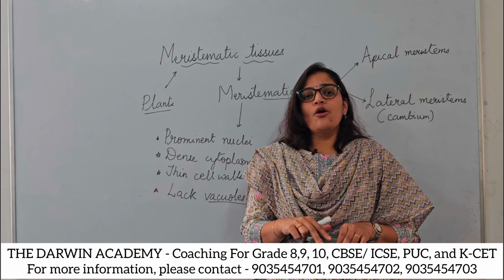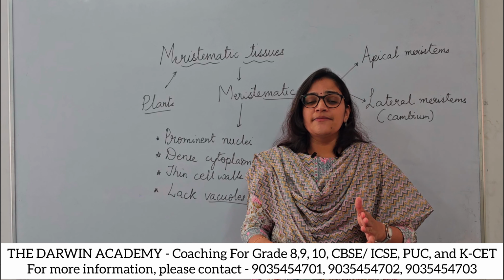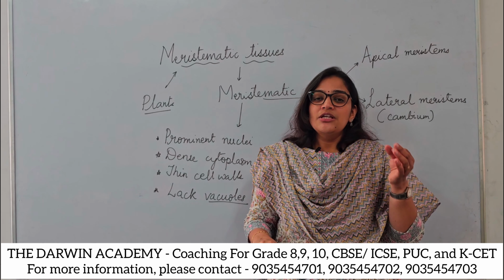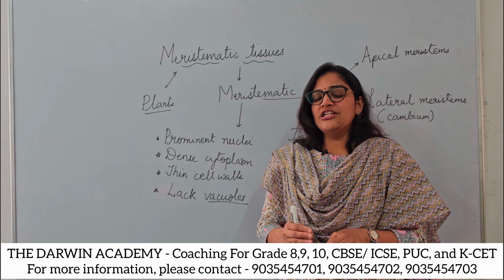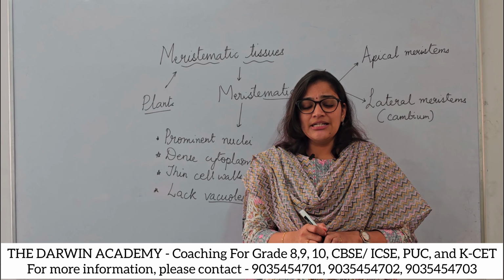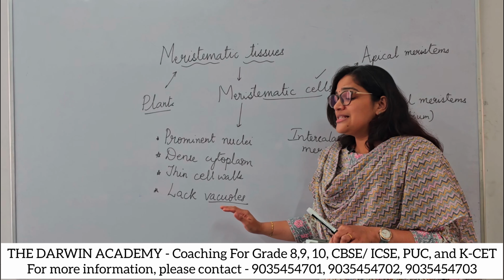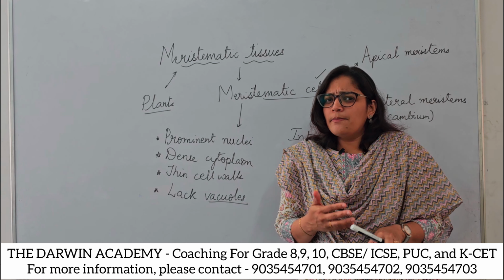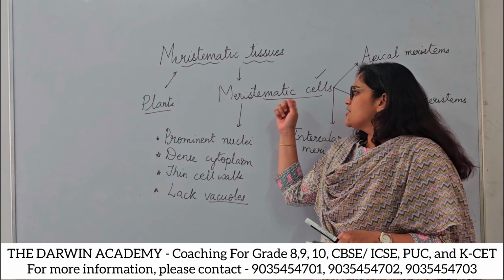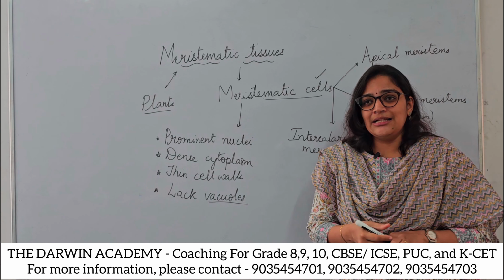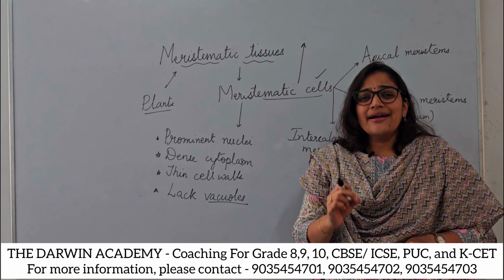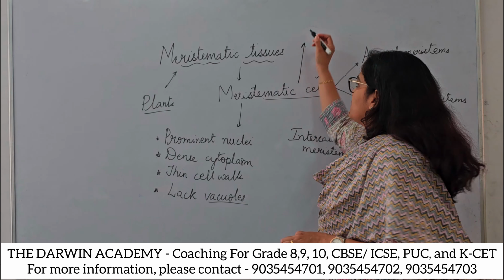If you think back on what the role of vacuoles is, we have already discussed vacuoles in our previous chapter, haven't we? So, the role of vacuole is to provide rigidity and turgidity to the plant cell, isn't it? But these cells don't require that. But if they don't require rigidity and turgidity, then what is the job of the meristematic cells? The meristematic cells actively divide.